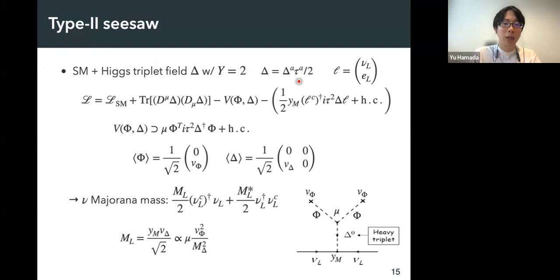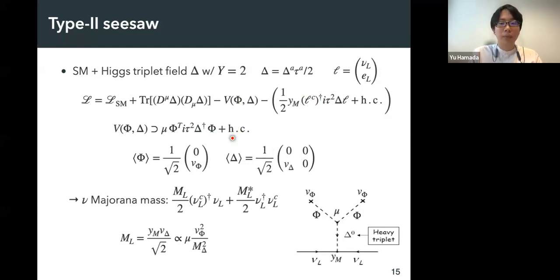So we have three complex fields. And the Lagrangian is given by this one. Here, we have a non-trivial scalar potential of the standard model Higgs doublet and the Higgs triplet delta. We also have a Yukawa coupling between the standard model lepton and this triplet field delta.